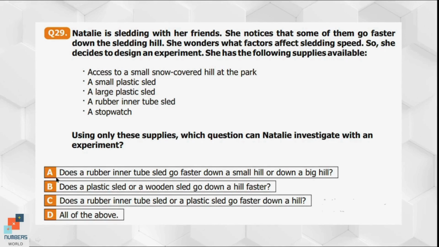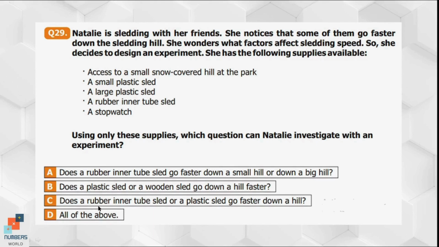Option A. Does a rubber inner tube sled go faster down a small hill or down a big hill? There is only one type of hill, so that's why option A is not correct. Option B. Does a plastic sled or a wooden sled go down a hill faster? There is no wooden sled, so that's why option B is also not correct.